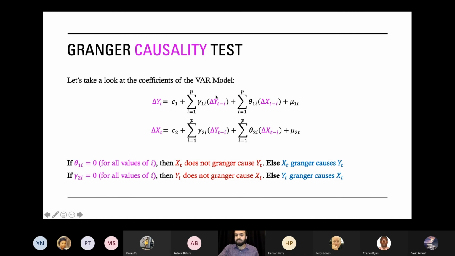If past fluctuations of xt can be used to explain present fluctuations in yt, then we have causation.